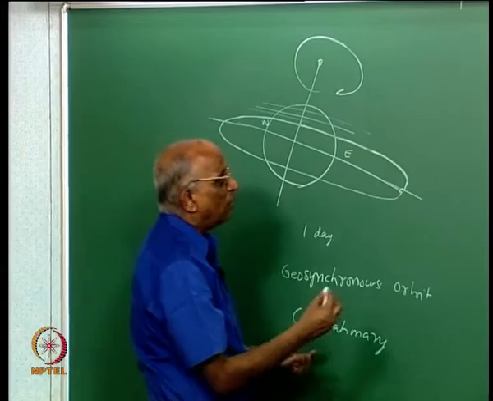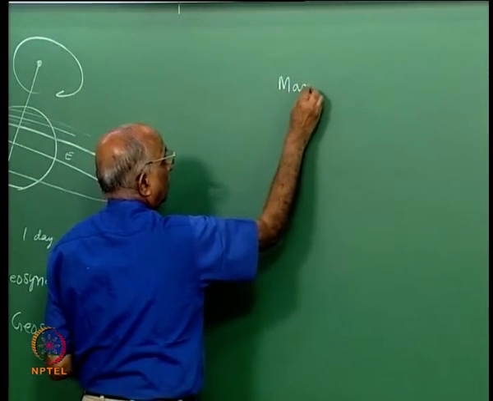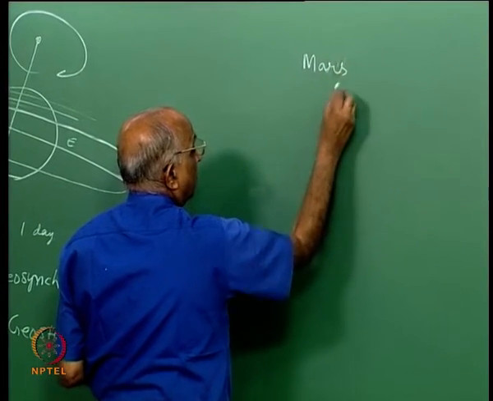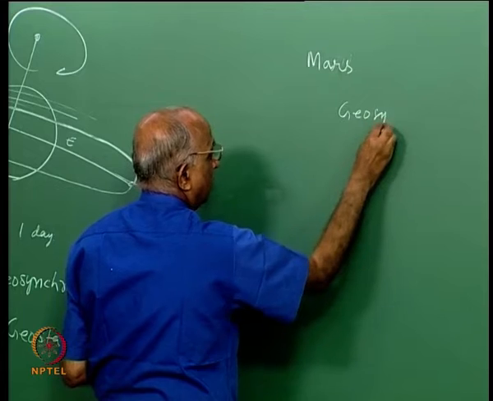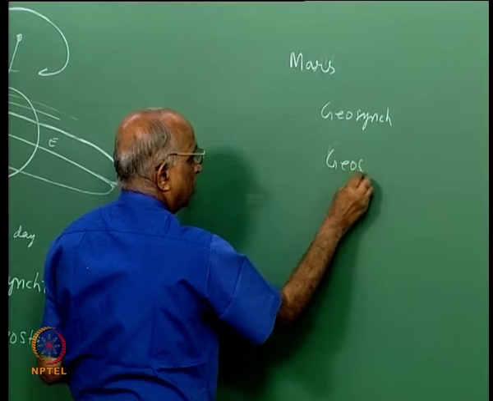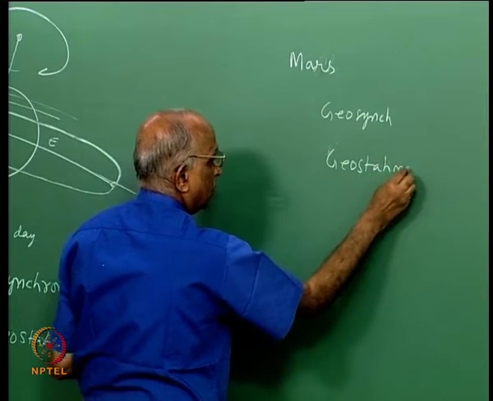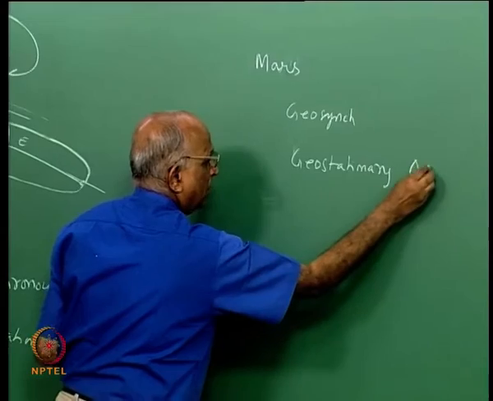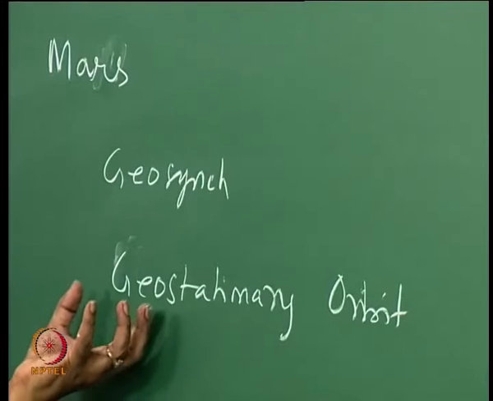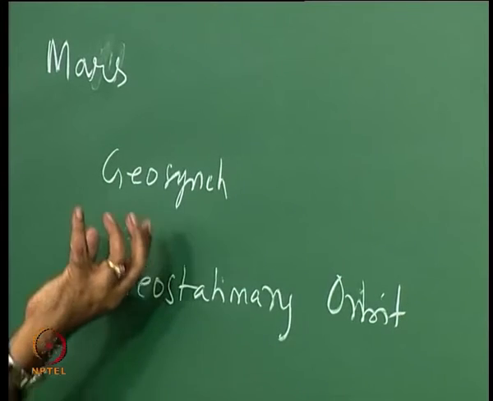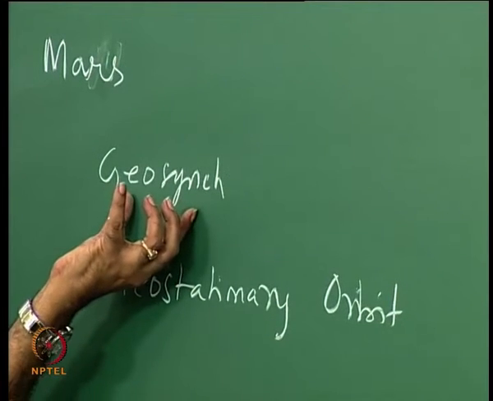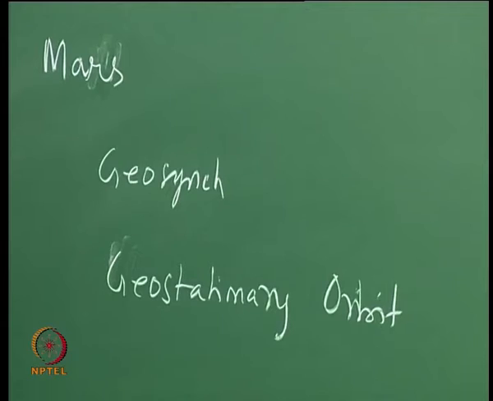For instance, for Mars we could have a geosynchronous and a geostationary orbit. Any planet, any heavenly body which rotates, we can always have a satellite moving around it, which could be in geosynchronous or geostationary orbits.